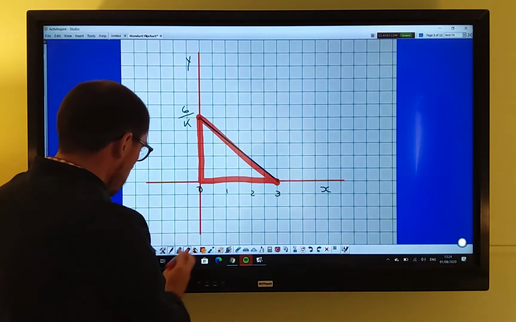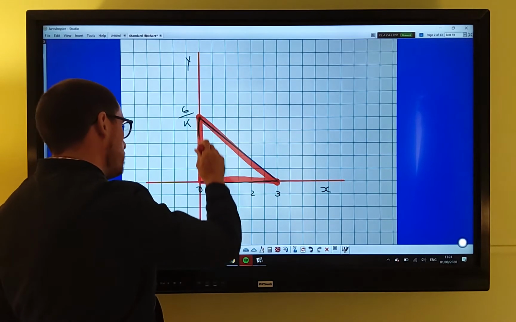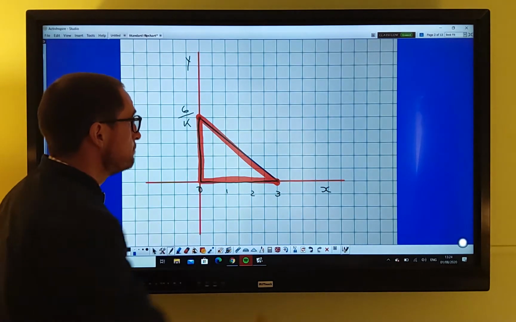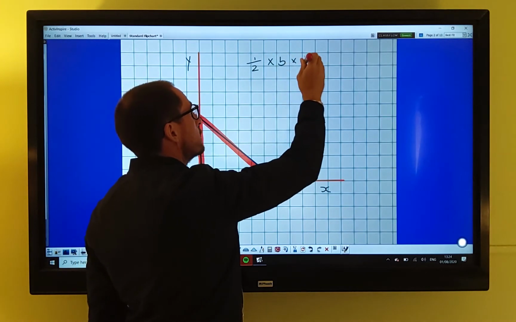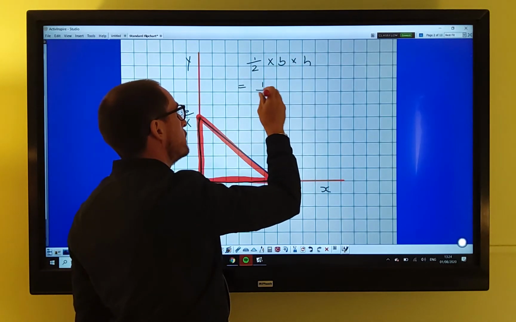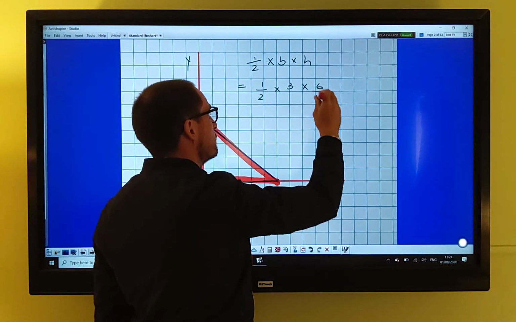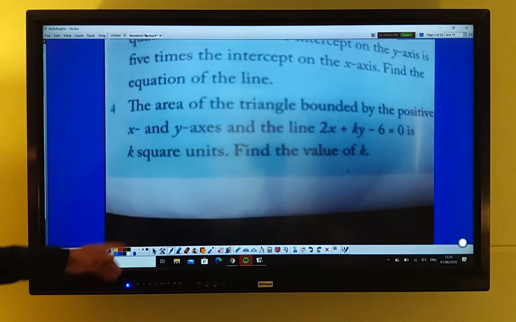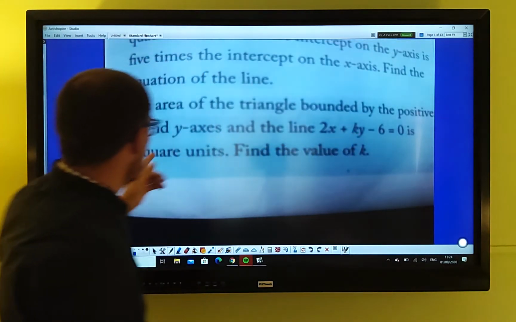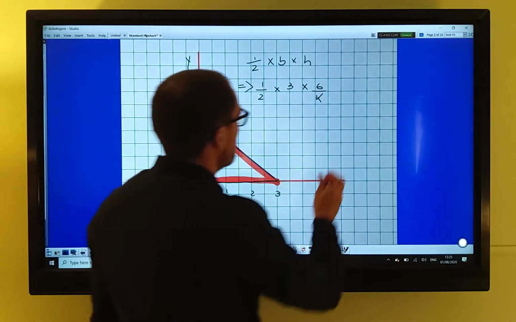So here, the base is 3, the height is 6 over k. So it's going to be half times 3 times 6 over k. That's the area of the triangle. Now going back to the question, it tells me that the area is equal to k square units. So I can let that equal k.